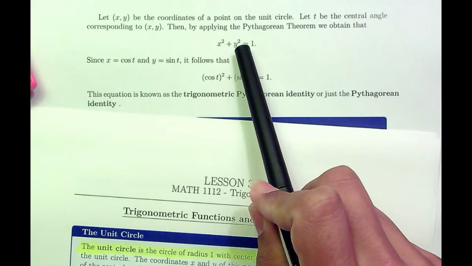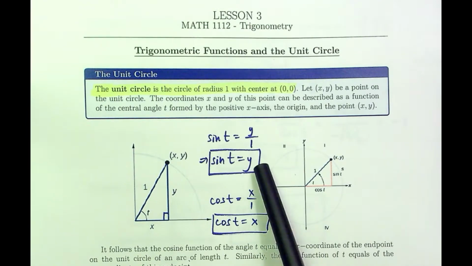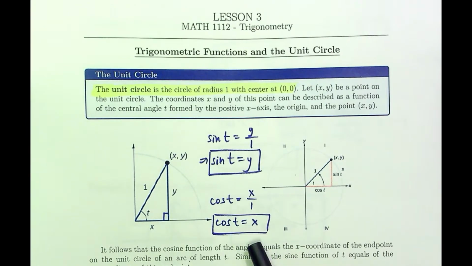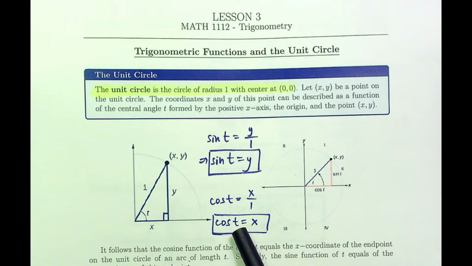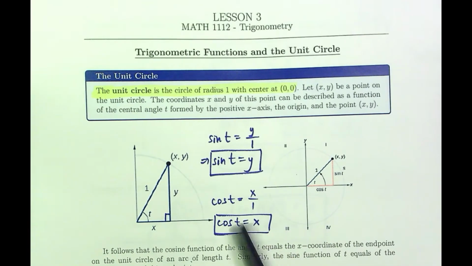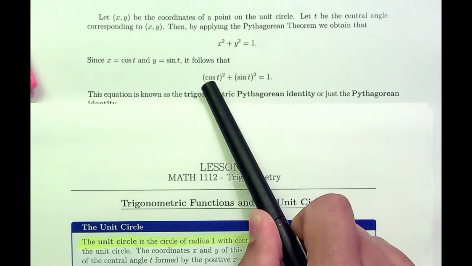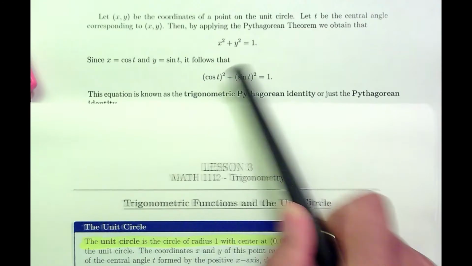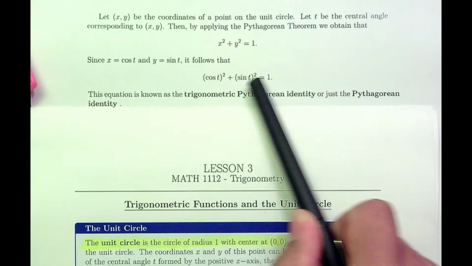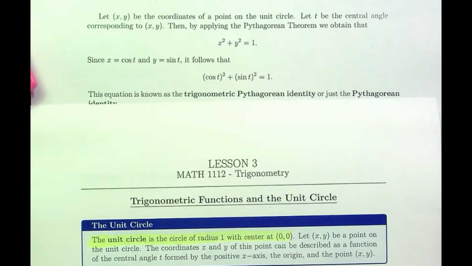Now, we also know that y equals sine of t and that x equals cosine of t. So replacing x and y in this equation, you would get that cosine of t squared plus sine of t squared equals 1.